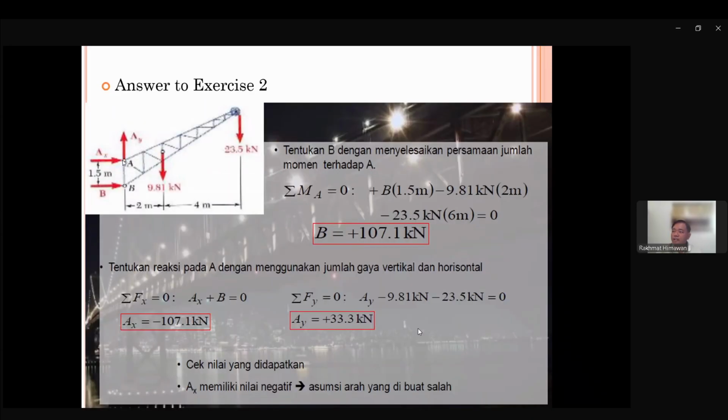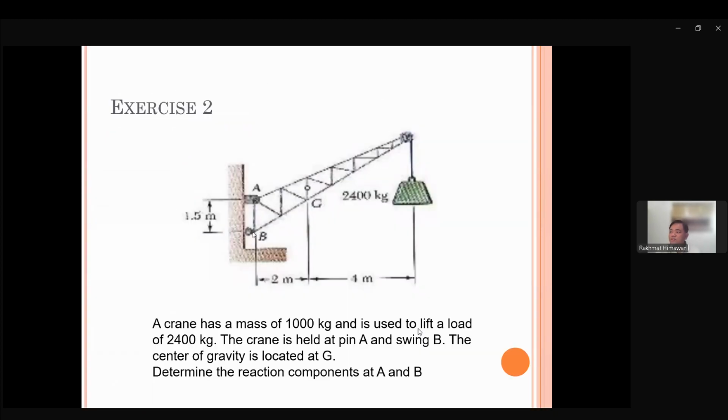We have point A as a hinge, which has two reactions, AX and AY. And B is a roll support, so it's only RB or B.